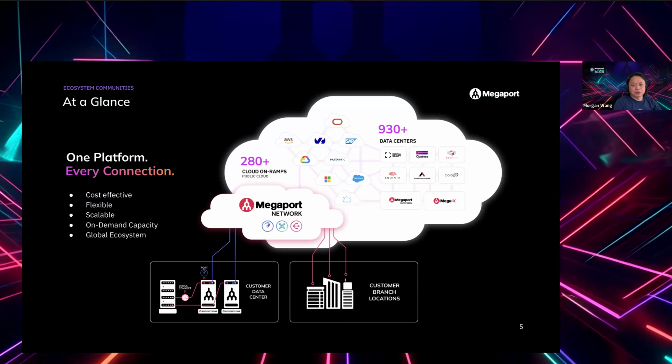And we are also already interconnected with public cloud providers. I think that's over 100 public cloud providers and service providers, and over 280 on-ramp locations. The aim of Megaport is to provide very cost-effective services, which are flexible, scalable, and on-demand capacity.